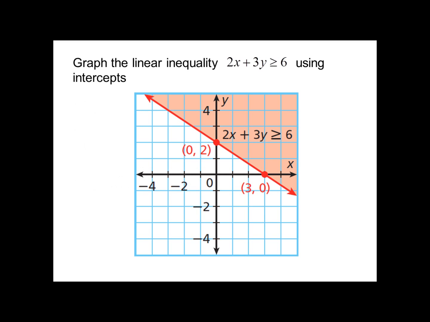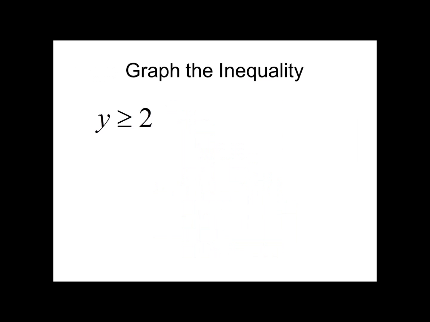So, our y-intercept is 2, our x-intercept is 3, we draw a solid boundary line, and we don't shade the side with (0, 0) because we tested (0, 0), it did not work. So that whole side does not work. Well, that means that the other side does. So we shade above our boundary line.